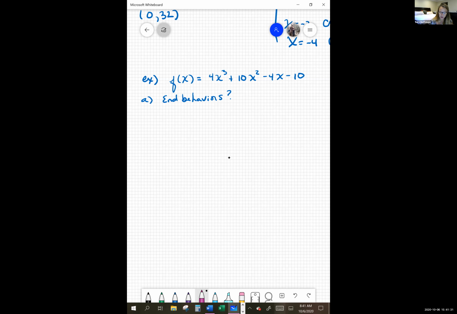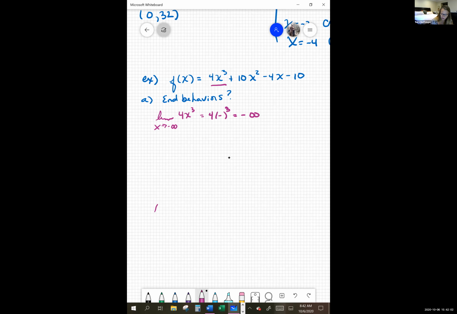Well, our leading term is this 4x cubed. So we're looking at the limit as x goes to negative infinity of 4x cubed. If you cube a negative number, that's negative, times this positive 4 in front is going to be a negative number. So this is going to go to negative infinity.